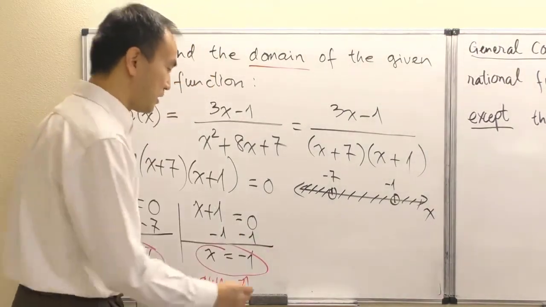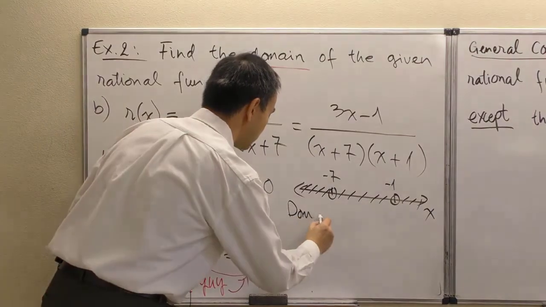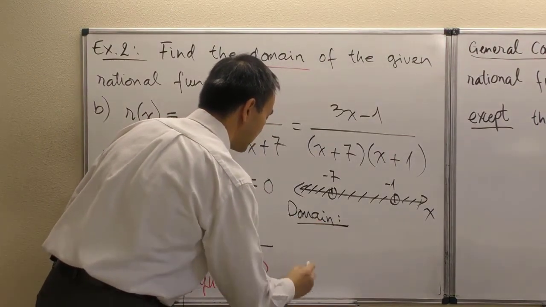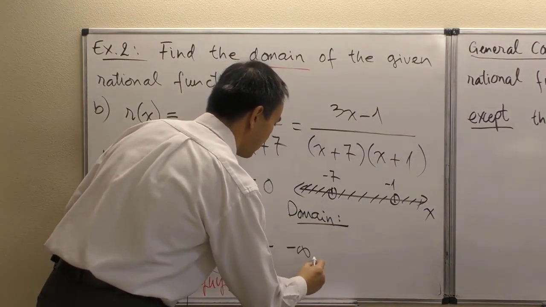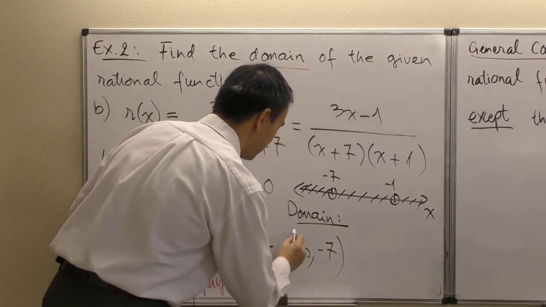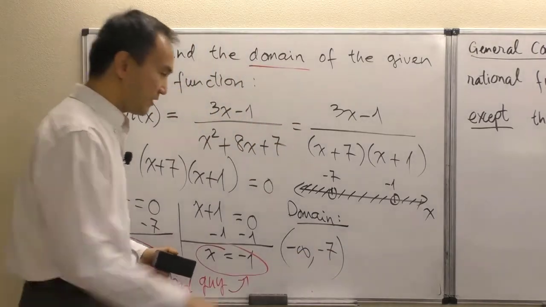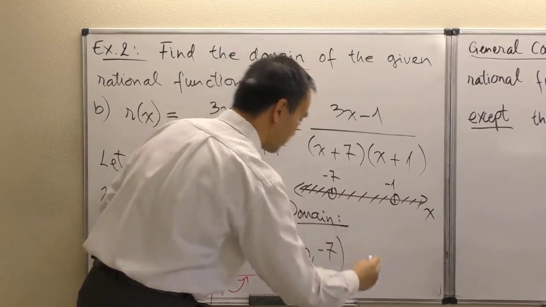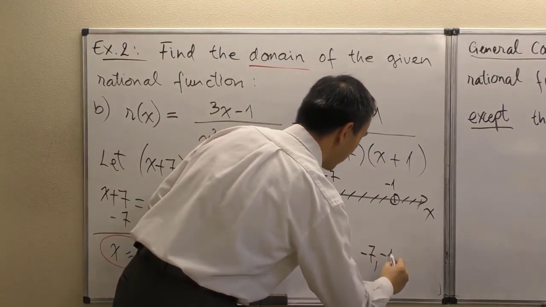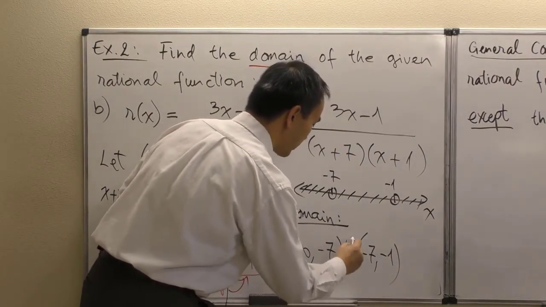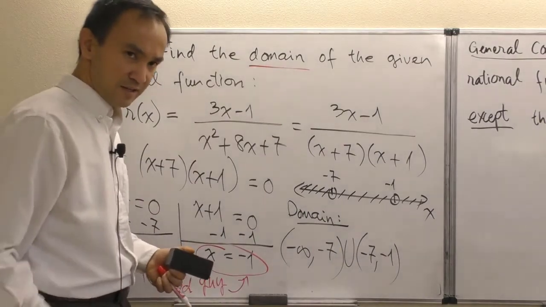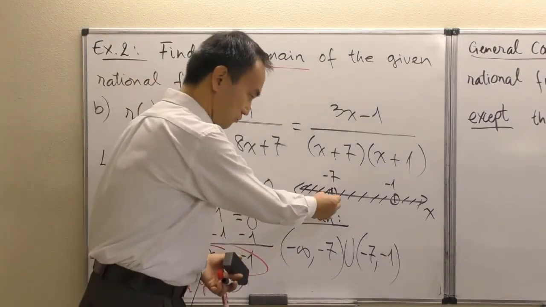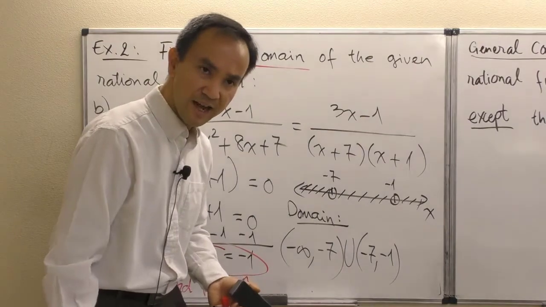All right, so domain. We have one interval from minus infinity to negative 7. We have another between negative 7 and negative 1. We're going to union those two disconnected intervals. They are disconnected in the sense that we took out x equals negative 7.